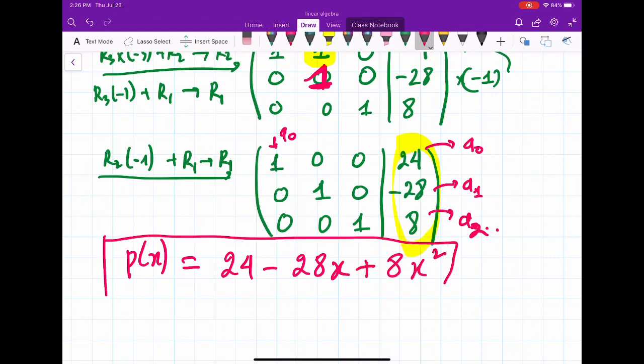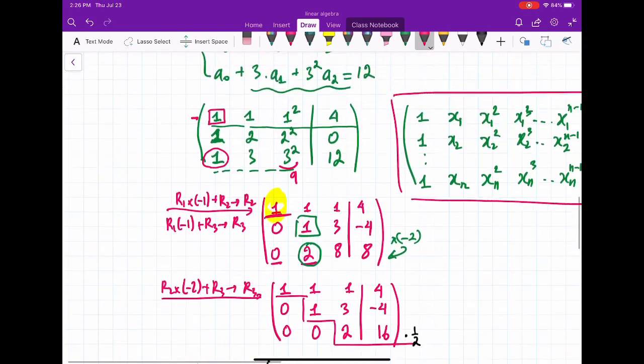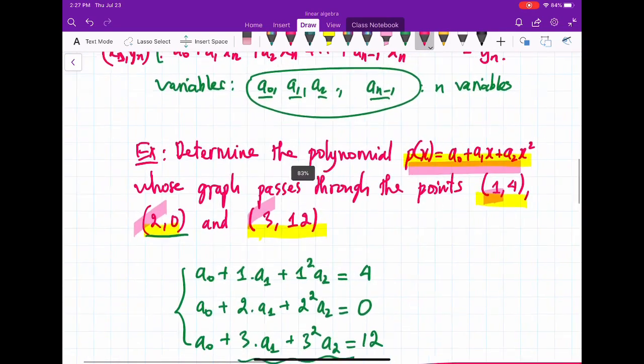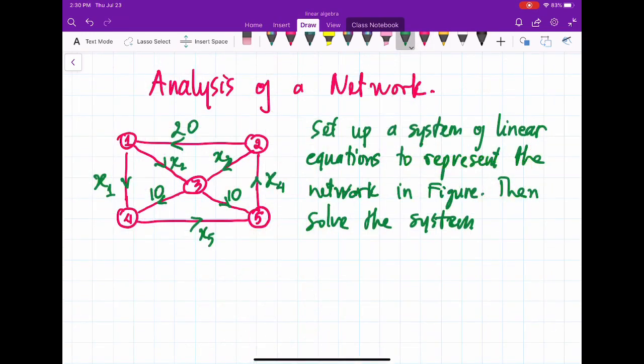And the graph of this polynomial passed through the given 3 data points. You see, this is how we can solve such a problem. It's pretty easy, right? Now let's consider the second problem, analysis of a network.